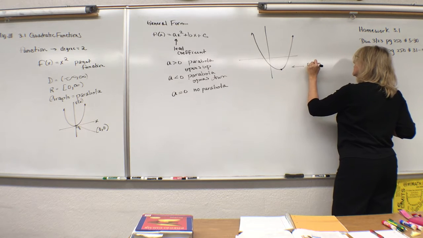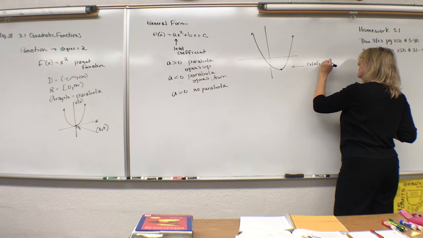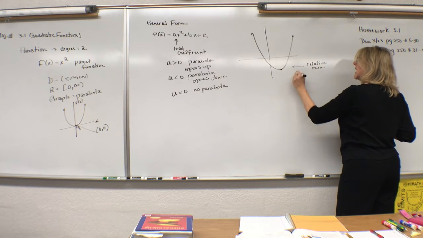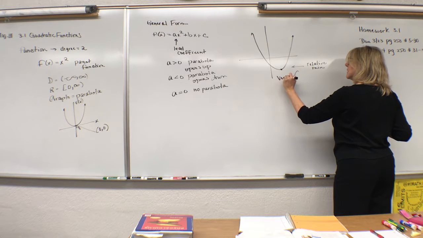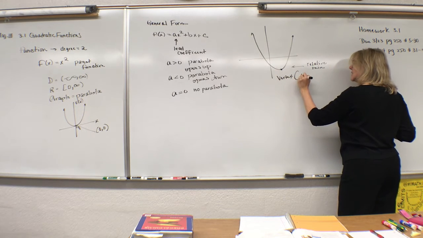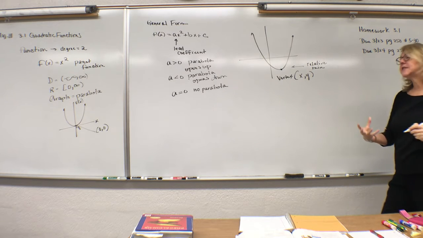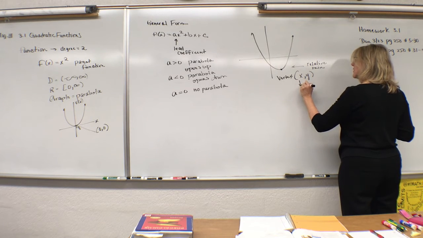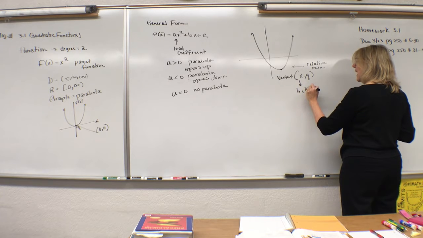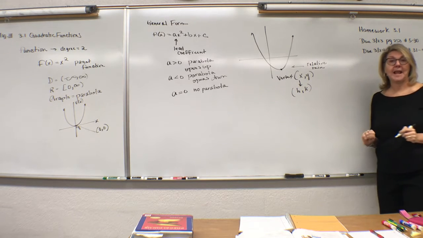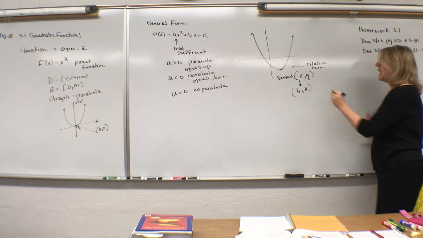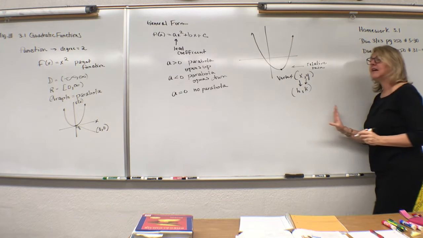This relative minimum is now known as the vertex. And yes, it's an ordered pair x and y, but for the purposes of our discussion, we're now going to start calling this (h, k), the x value being h, the y value being k.